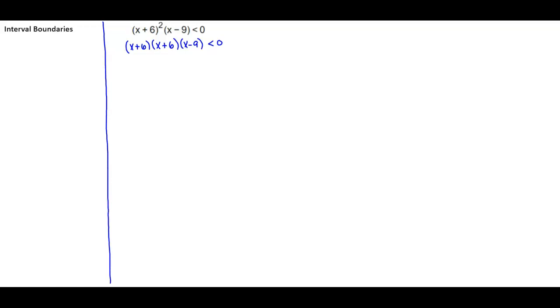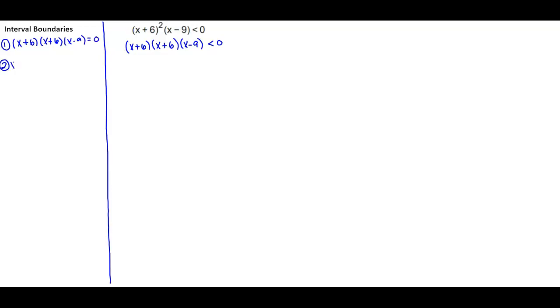Now we want to find our interval boundaries. In order to do that, we're going to set this inequality as an equation equal to 0. So we have x plus 6 times x plus 6 times x minus 9 equals 0.